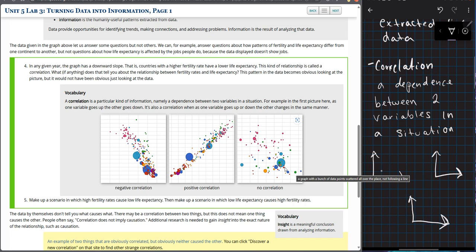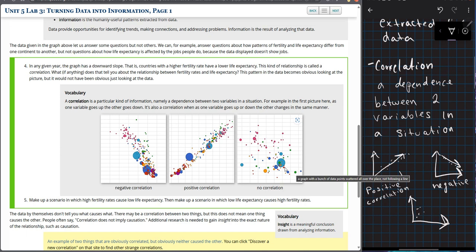And then you can have, this is a positive correlation. If you have the information going this way, then that's negative.